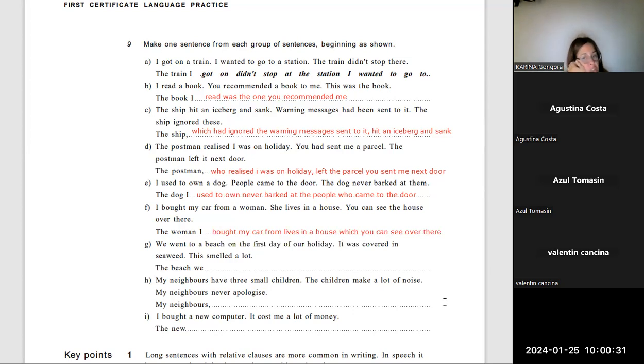We went to a beach on the first day of our holiday. It was covered in seaweed. Seaweed is algas. This smelled a lot.